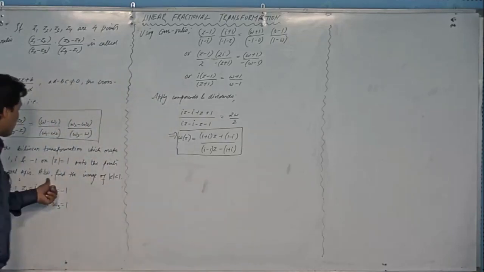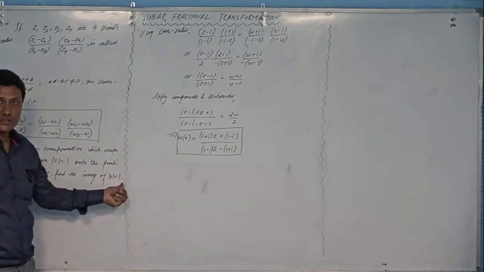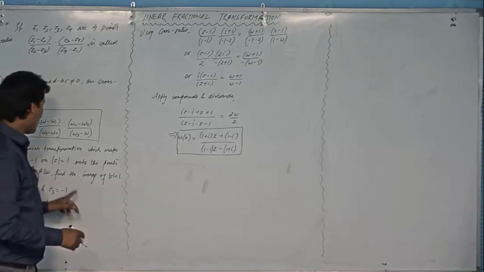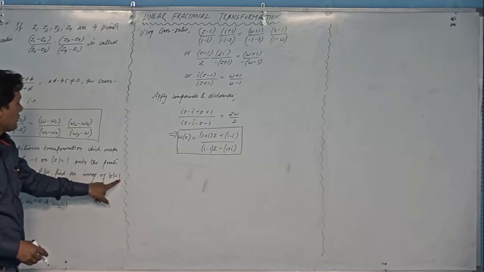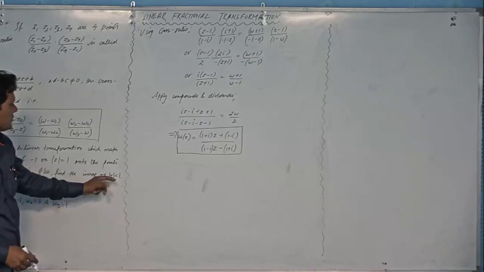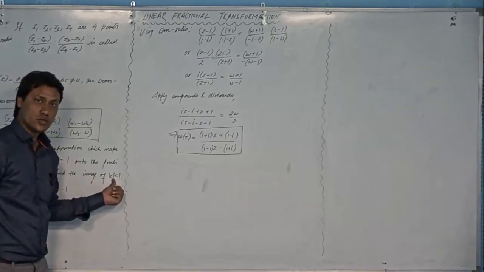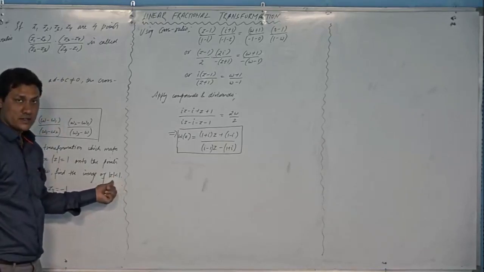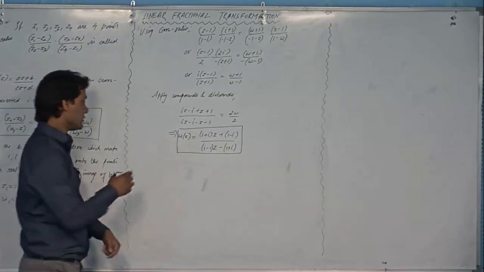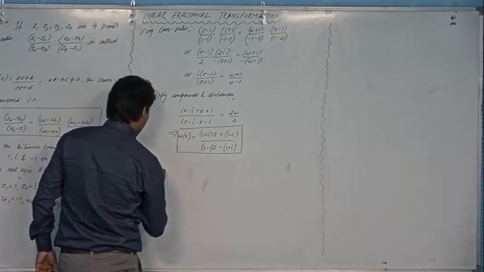First thing is that we have to find the image of mod z less than 1. This is also the remaining part. So in order to obtain the image of mod z less than 1, I will put a test point belonging to this domain. Z equal to 0 is belonging to this domain, you can see that, right? And I will put z equal to 0 here.